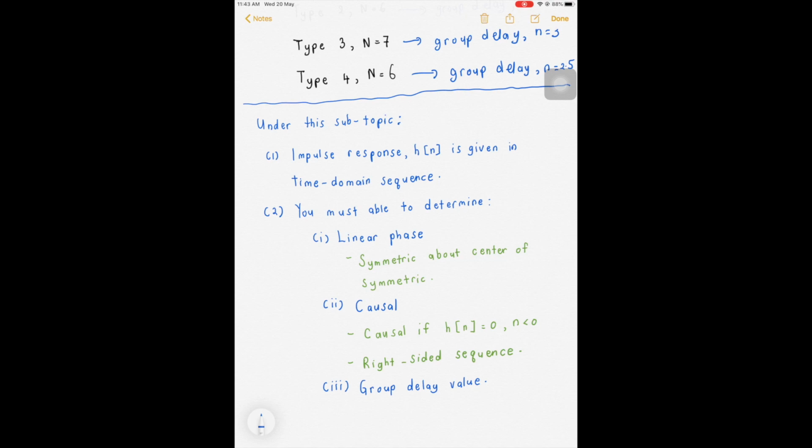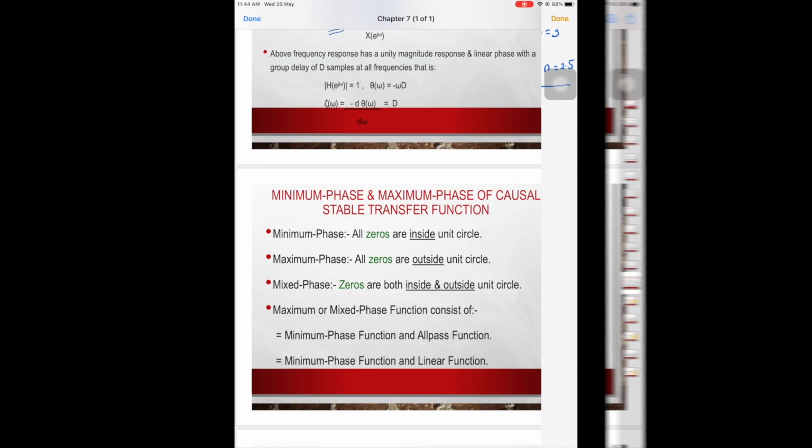When we talk about causal, if h[n] equals 0 when n is less than 0, the system is causal if it is a right-sided sequence. From this subtopic you must also be able to determine the group delay value. Where do we get it? From the center of symmetry.